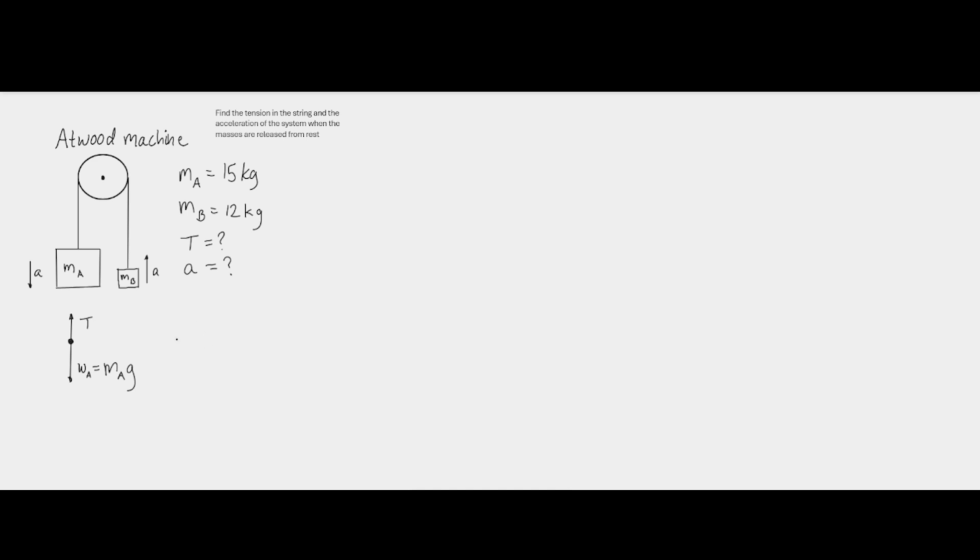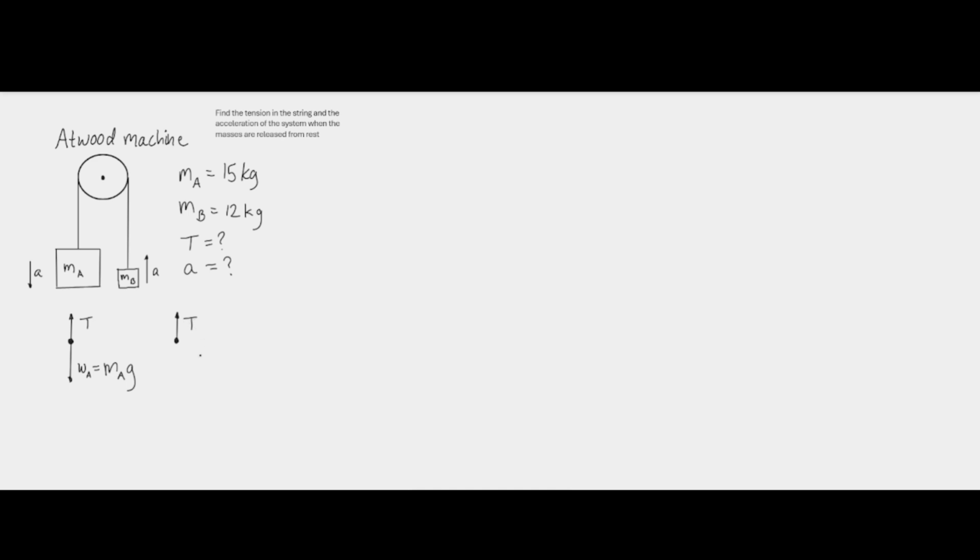So I'm going to draw another dot for mass B. And the tension force for both of these objects is going to be identical. It's the same string. So I want to be sure my tension vectors are of equal length. So there we go. So we have this upward tension force.